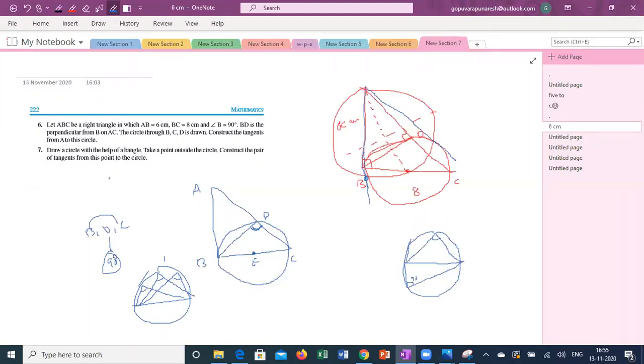Okay, sir. So from A again, join the center of BC, bisect the dotted line. So this is the center, and using this, these are our tangents. It looks a little messy, but it is simple. Try.